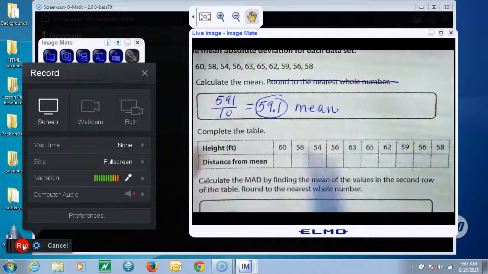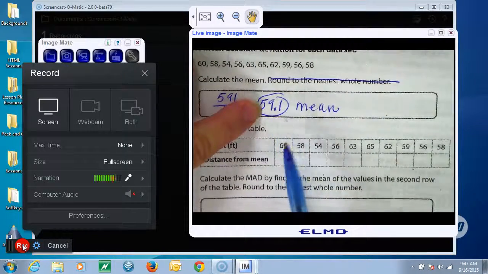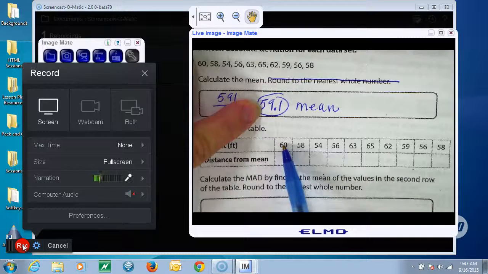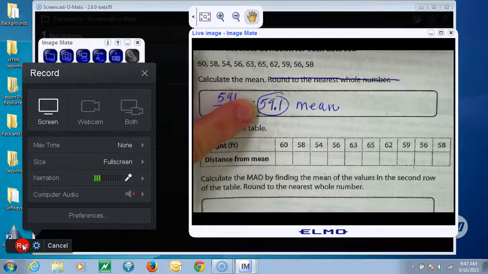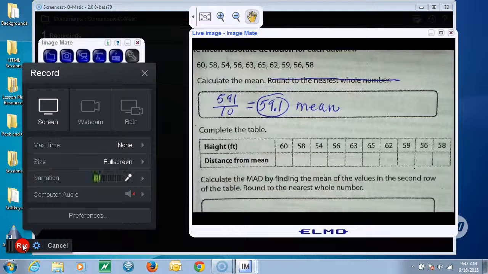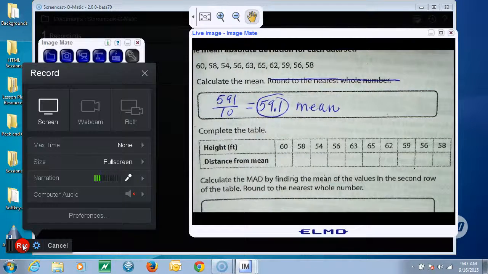Now, guys, what does absolute value mean? We talked about it one time, but it's how far the number is from 0. It's always positive. Absolute means it's always positive.